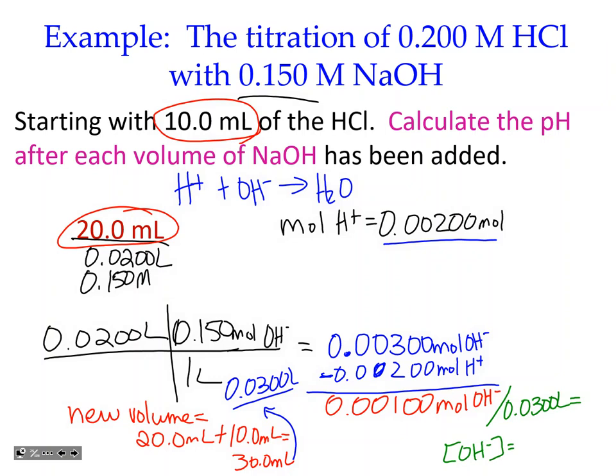What is the concentration of our hydroxide at this point along the curve? Yes, let's calculate that number. I know it's a number, but I want you to calculate the number. So what do we get there?